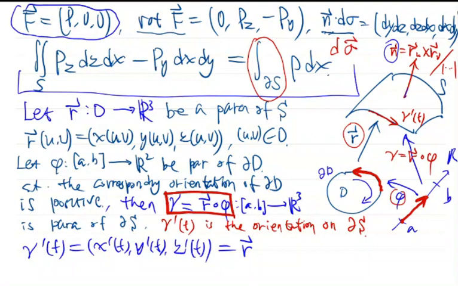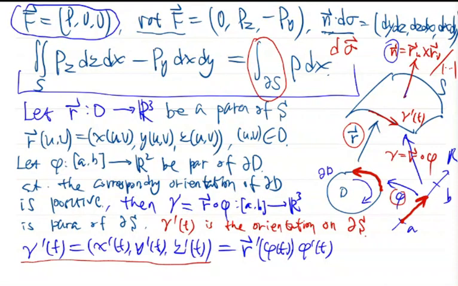Therefore, we can apply the chain rule to see that the derivative of gamma is R prime(phi(T)) times phi prime(T). Maybe we don't need this, but we state it here. Basically, we need to know what x'(T), y'(T), z'(T) are, and that is the component of this.